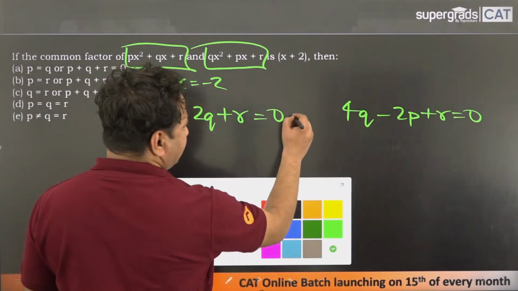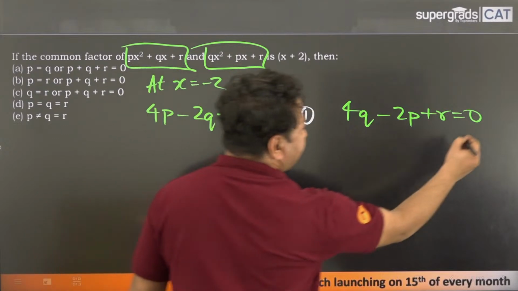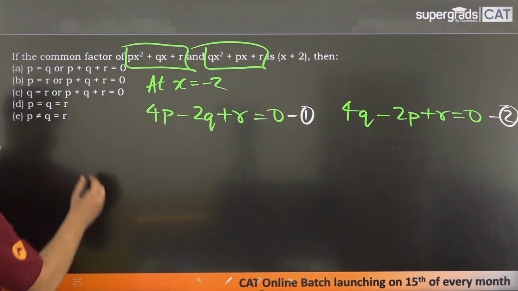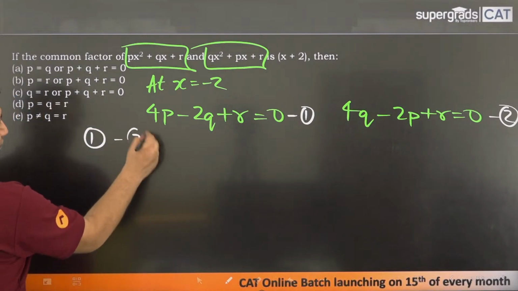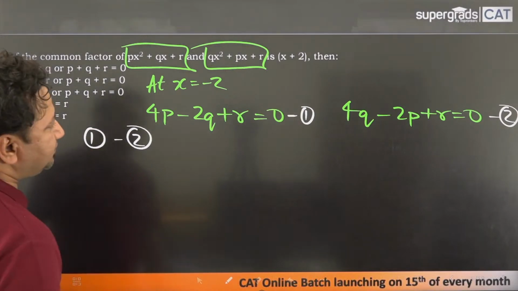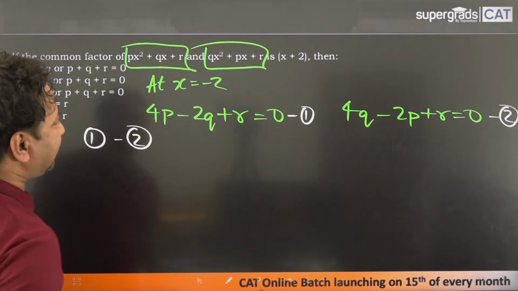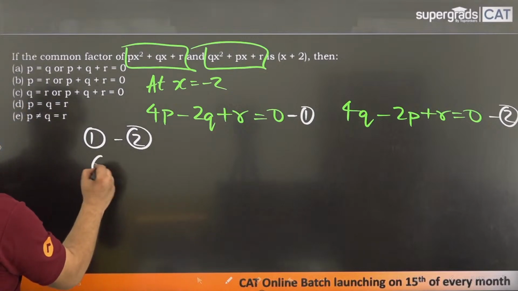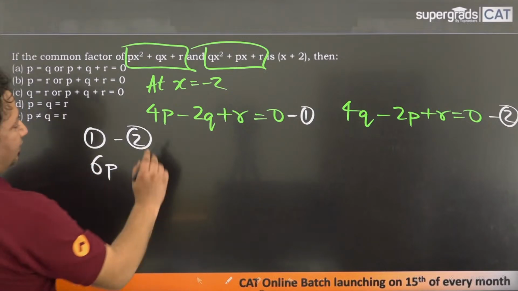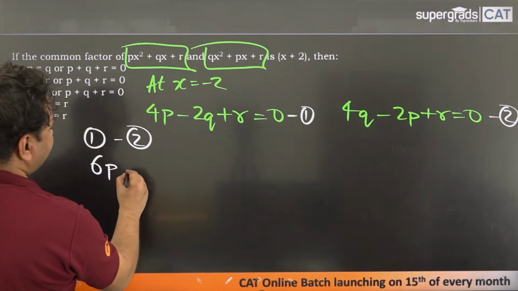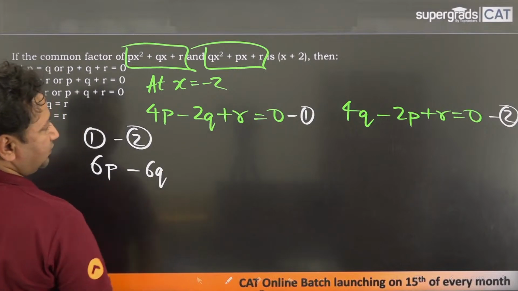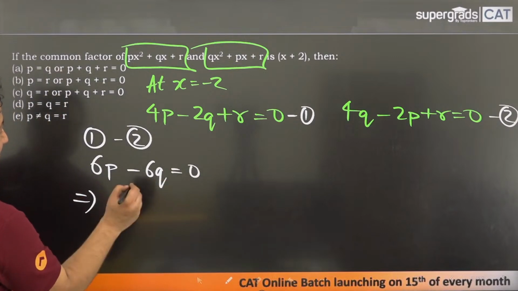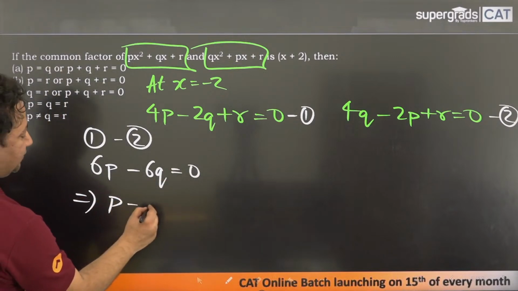Let this be equation number 1 and let this be equation number 2. As you can see, r is common to both of them, so I can just subtract 2 from 1. r gets cancelled. I'm subtracting, right? So 4p minus of minus 2p will give us 6p, minus 2q minus 4q will give us minus 6q. This is equal to 0, which means taking 6 common, I can say p minus q is 0.